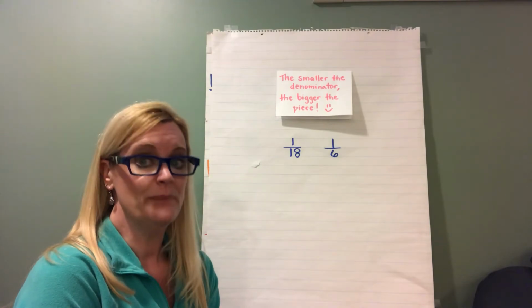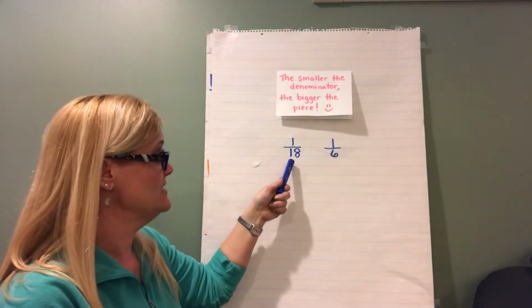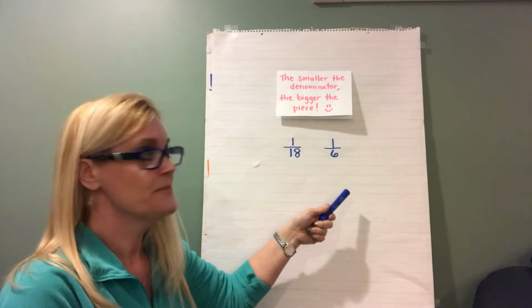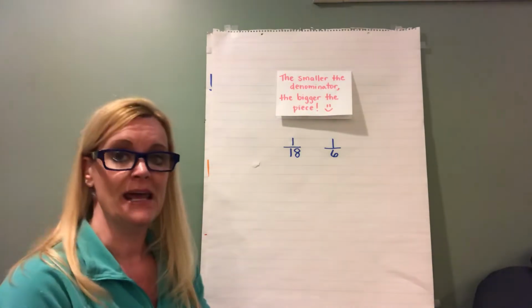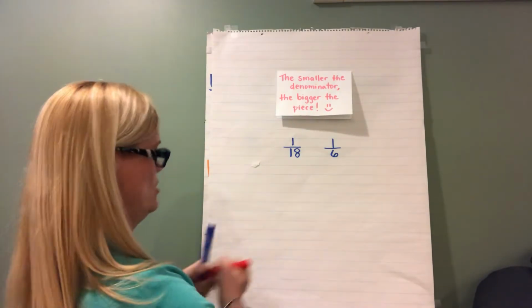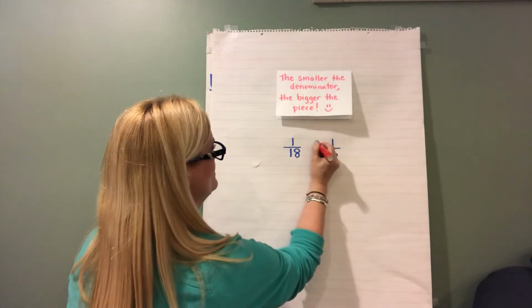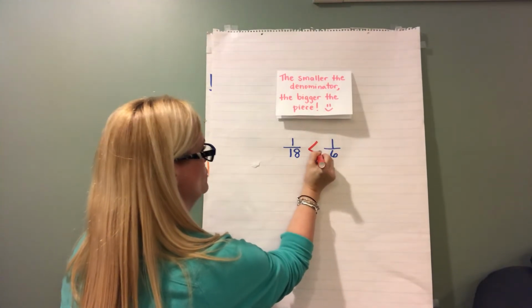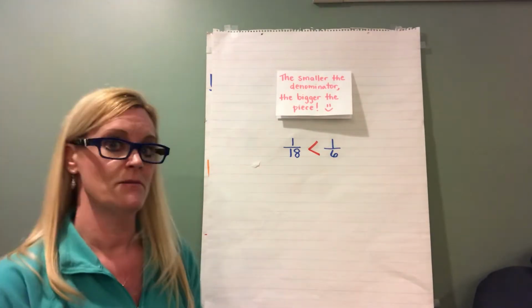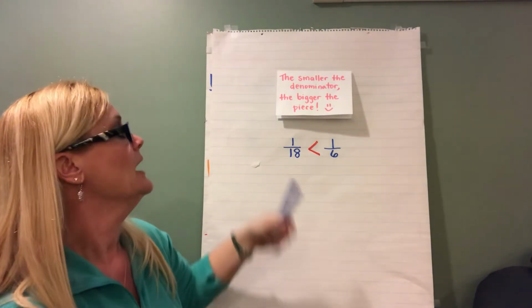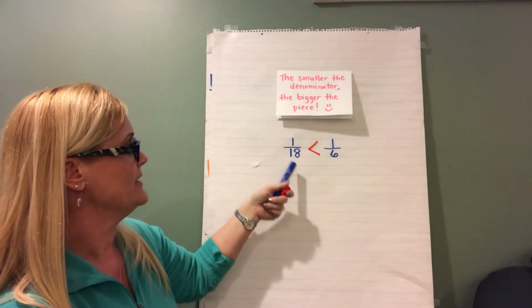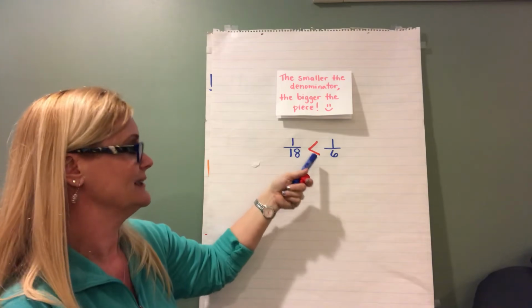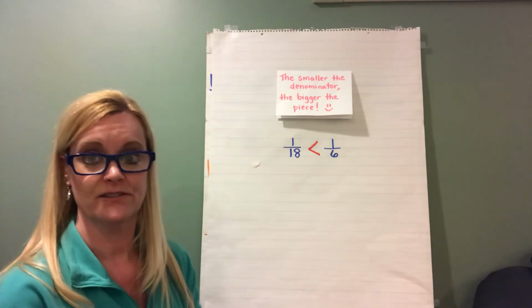Which would have the bigger piece? 1/18 or 1/6? Well, the smaller the denominator, the bigger the piece. So I would make my comparing symbol go towards the 1/6, but remember, to read that properly, I have to say 1/18 is less than 1/6.